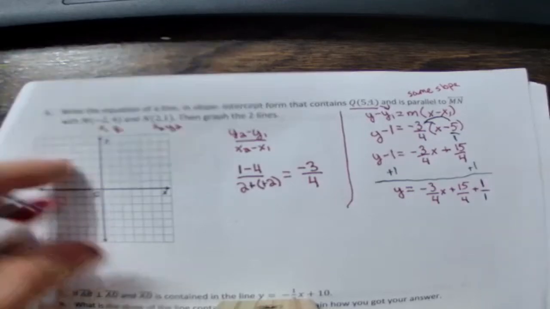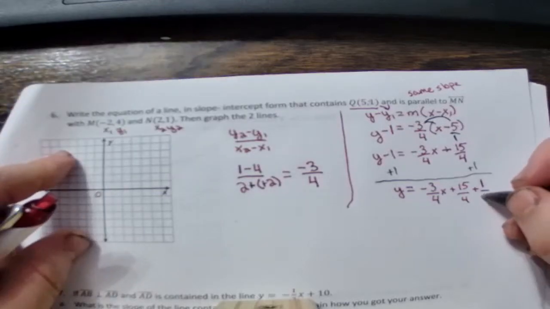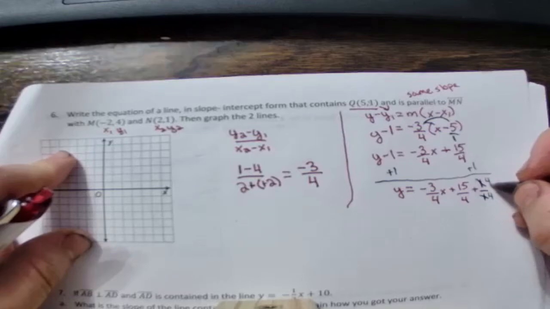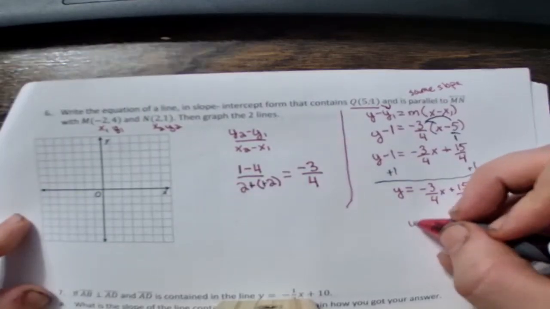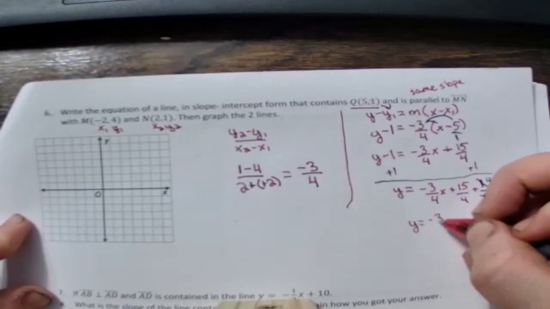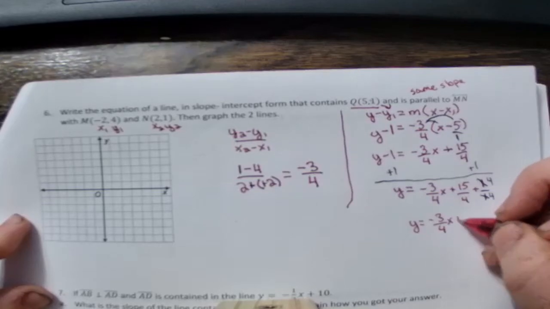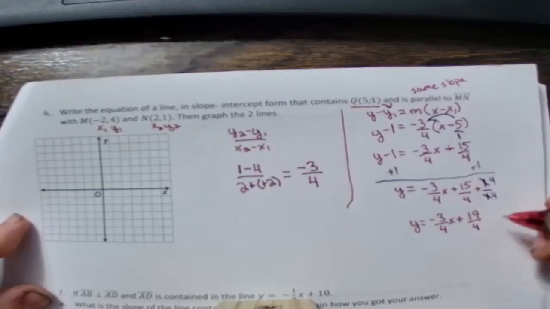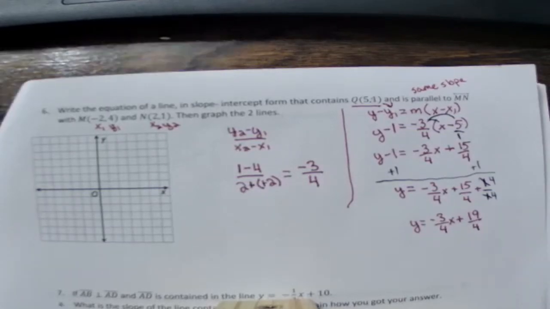So any whole number can be put over 1. To make it so they have the same denominator, I'm going to multiply the top and the bottom by 4. So now I would have y equals negative 3 over 4x plus 19 over 4. And that would be the equation for this in slope-intercept form.